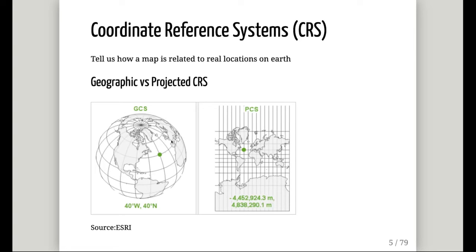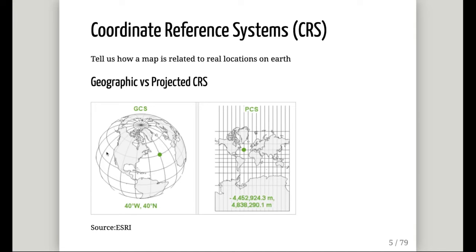Broadly, there are two categories of CRS: geographic coordinate system, GCS, which, as you can see, is unprojected, it is circular, so it is on the Earth's surface, and projected coordinate system, which is what we saw in the earlier slide.